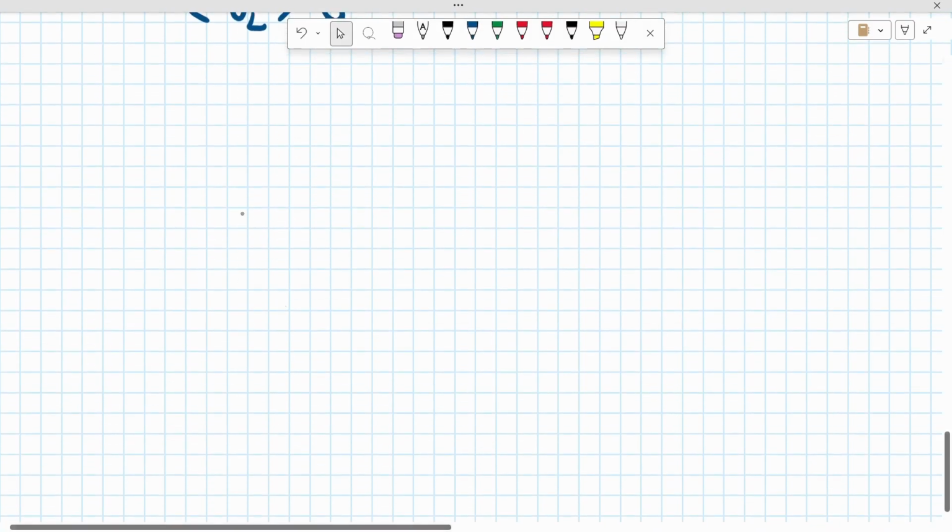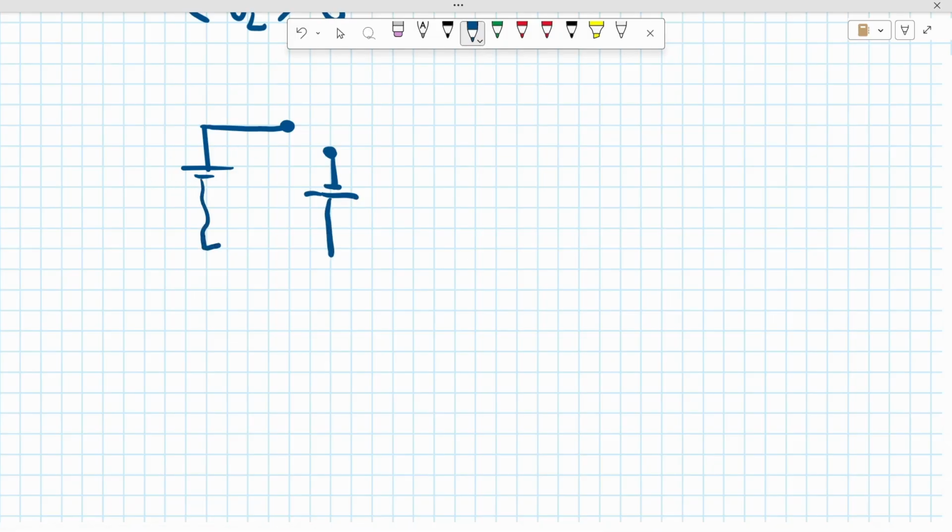So for example, if we make circuitry like this, we have inductor right there, right?